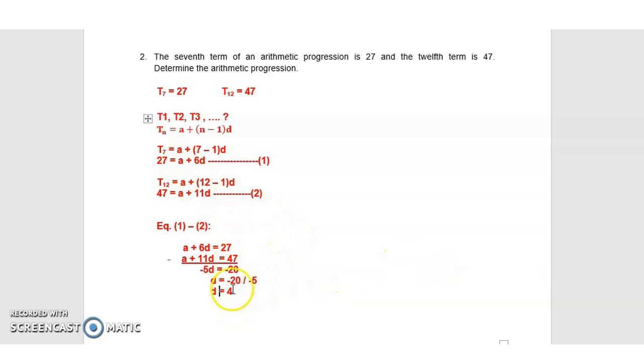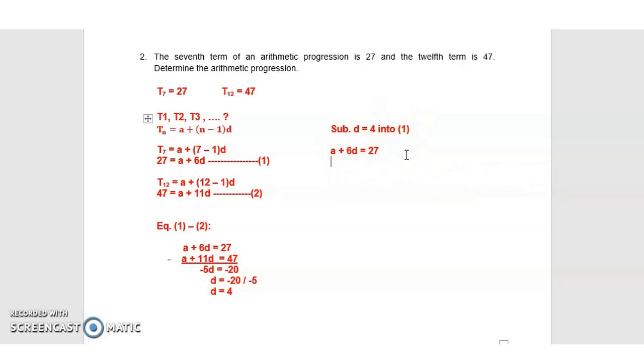So how to get A? Substitute the value D into any equation in order to get T1 or value A. Okay, substitute D equal to 4 into equation 1. Equation 1 just now is A plus 6D equal to 27.